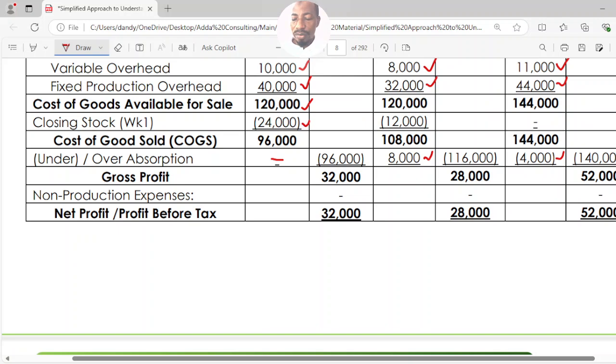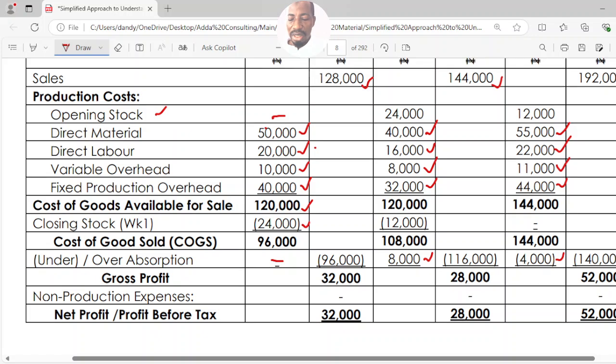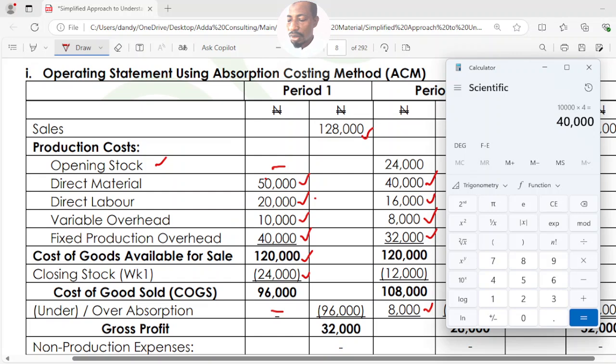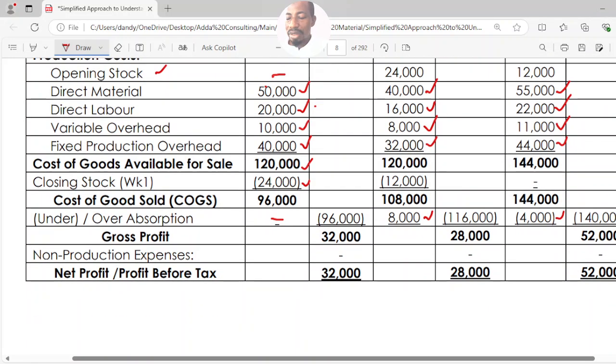Therefore, I will now find the difference between the cost of goods sold, 128,000, and 96,000. That's 32,000. There is no tax, so my gross profit will be the same as my net profit.